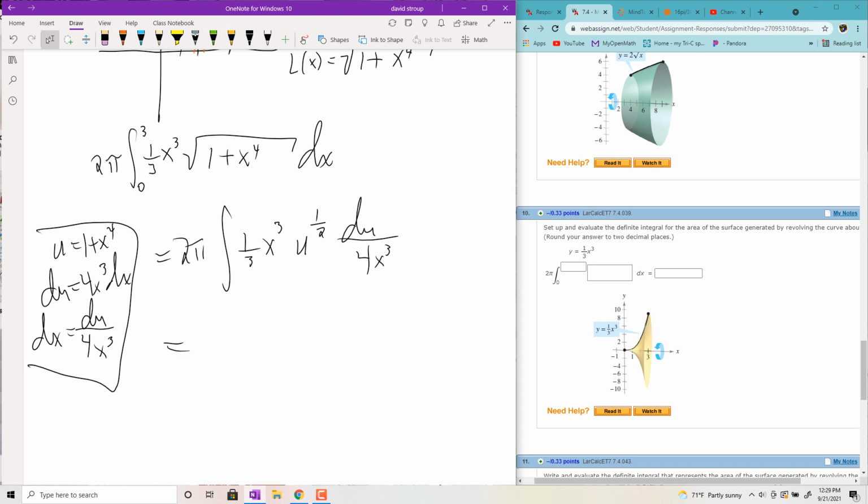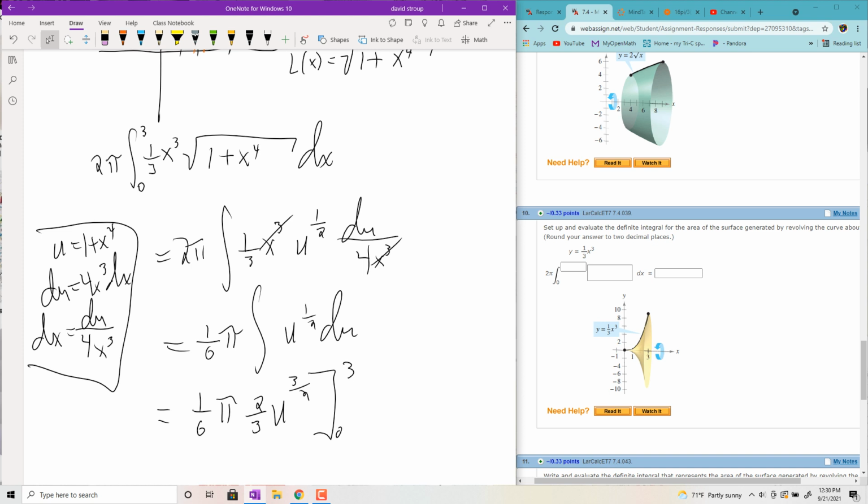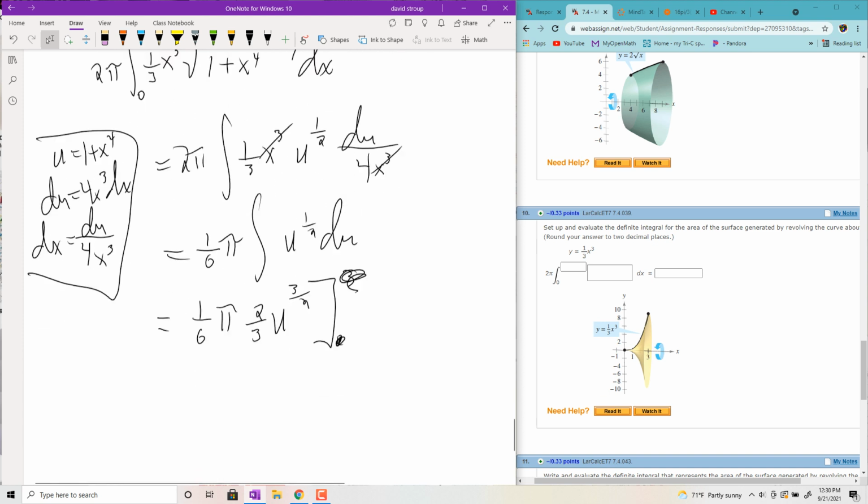We have 4 times 3, so 1/12, 2 over 12 is 1 over 6. Then we have a pi. The x cubes cancel, integral u to the 1/2 du. So we get 1/6 pi, u to the 3/2 times 2/3, evaluated from 0 to 3. I have to back-substitute first before I can say that.